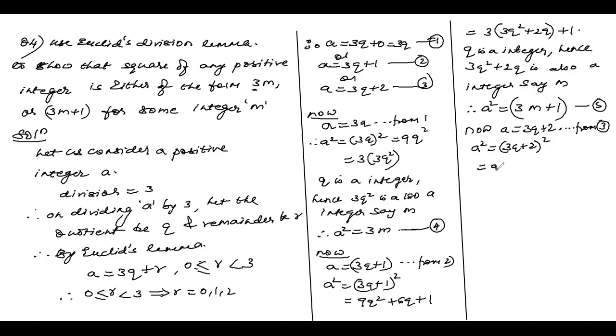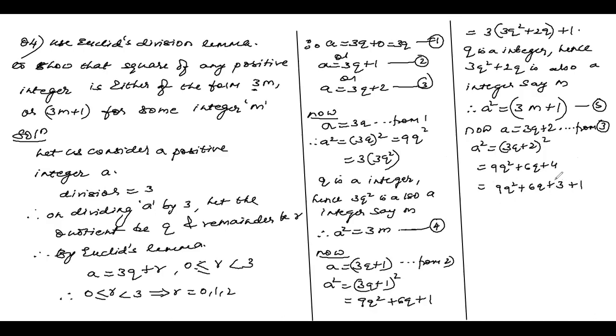So what comes? 9Q square plus 2 times 3 is 6Q plus 4. Now, I got till here. So what I do, I use little common sense here. See here, 9Q square. This is where it is difficult. I purposely write 3 plus 1. Why did I split it?